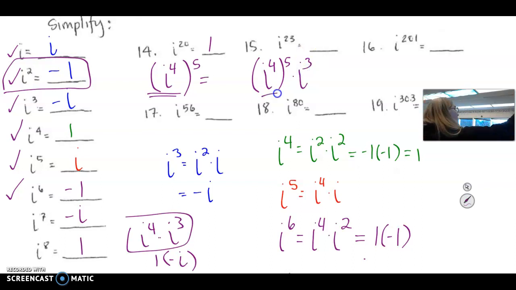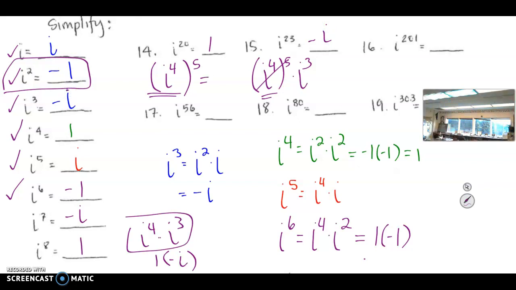So what is i to the 4th to the 5th power? 1, right? It's i to the 20th, and then if I add that i to the 3rd, it's i to the 23rd. So this part is just 1, so I don't really need to even think about that, because 1 times anything is just that thing. i to the 3rd equals negative i. Negative i, is that what you said? I said it's a negative i.